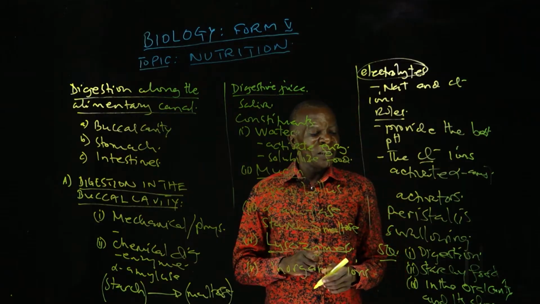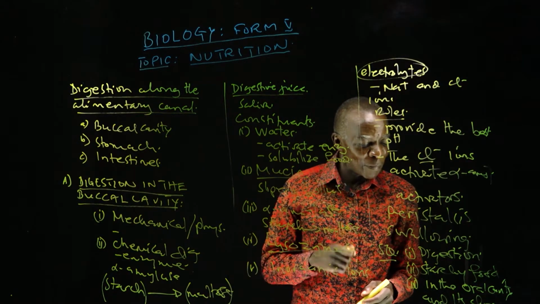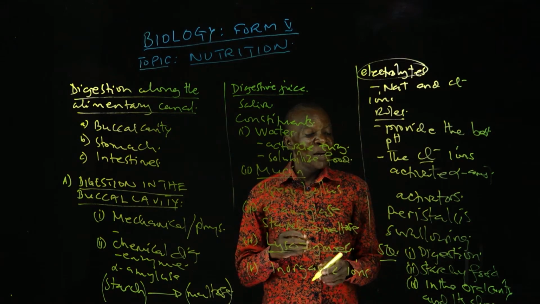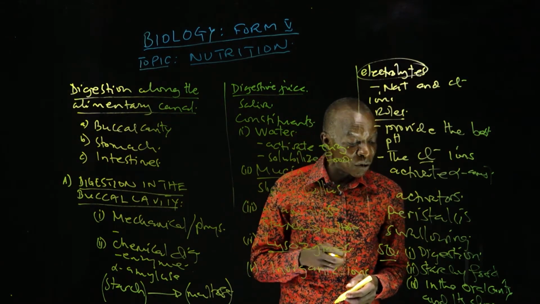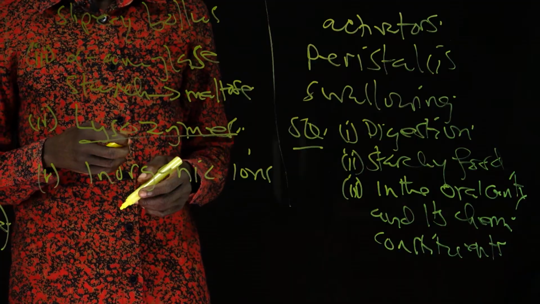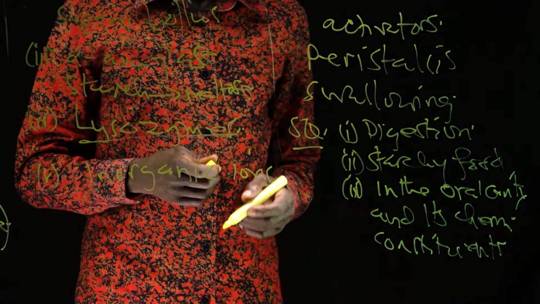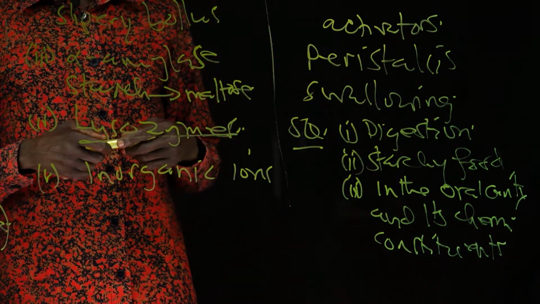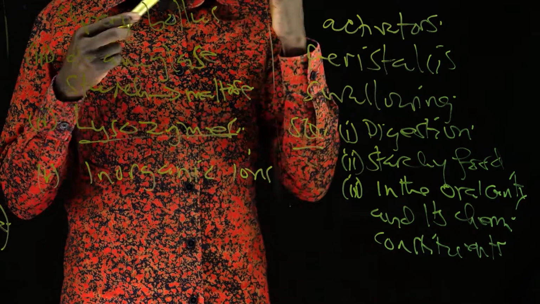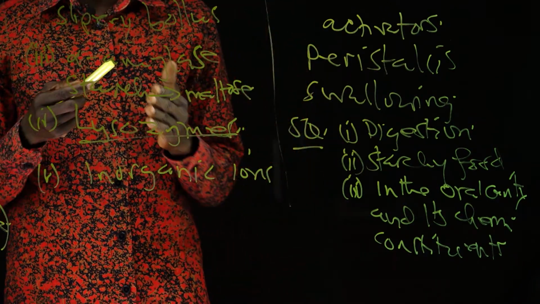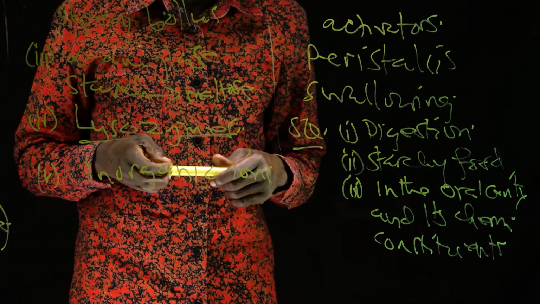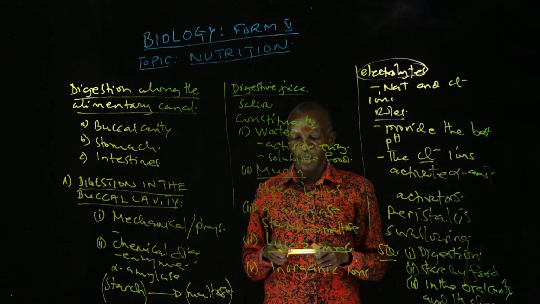So: define what digestion is, say what happens to a starchy meal when introduced in the oral or buccal cavity, then name the digestive juice in the buccal cavity and state its chemical constituents.